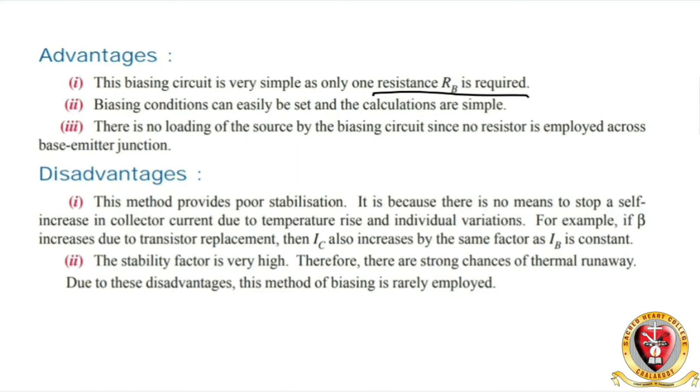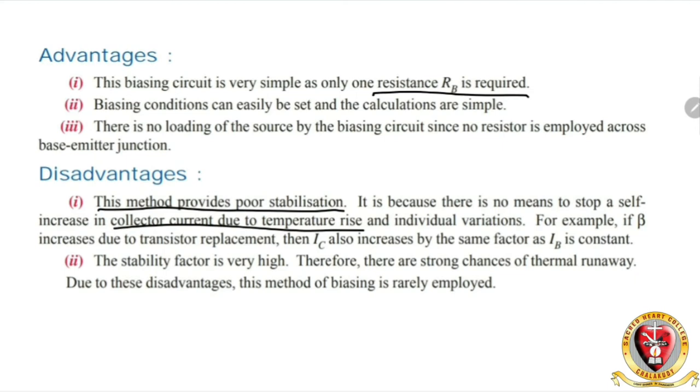But what are the disadvantages? One of the main disadvantages of this method is poor stabilization. We already saw that since stability factor is very high, the stabilization is very poor. It is because there is no means to stop a self-increase in collector current due to temperature rise.